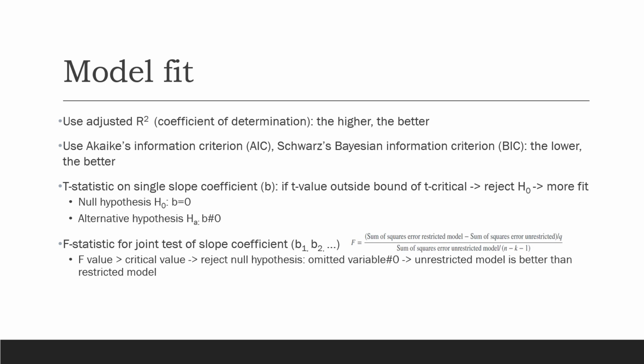So you use the F statistic to test if the slope coefficients of the omitted variables are significantly different from 0. If they are, it means that the 5 independent variables model explains the data better than the 3 independent variables model. And the last one is log likelihood, and the higher the better.